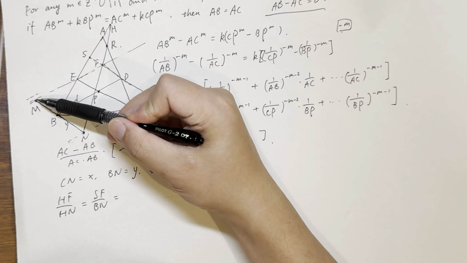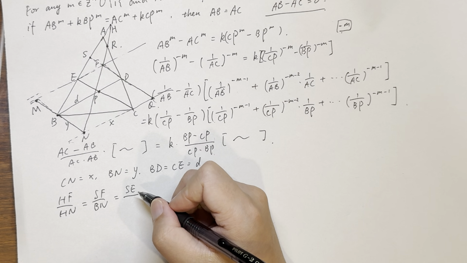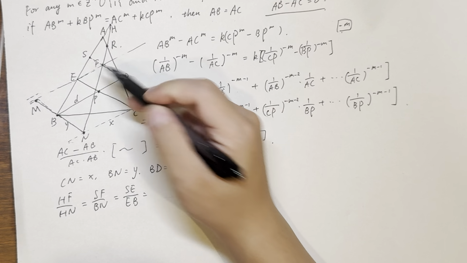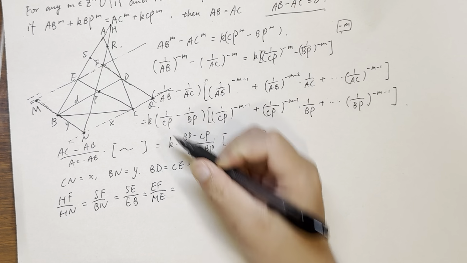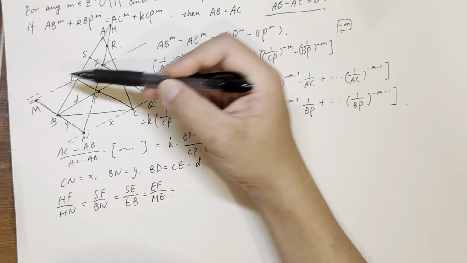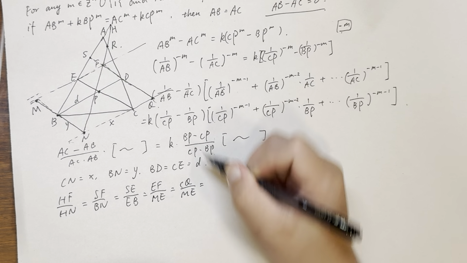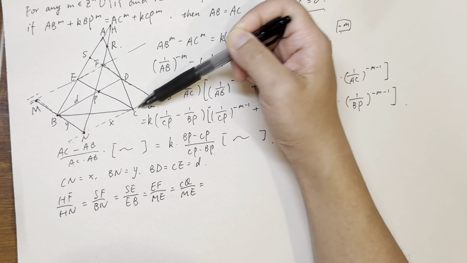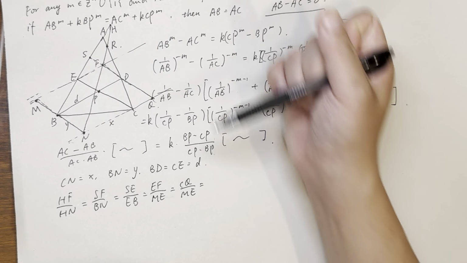So SF to MB equals SE to EB equals EF to ME. EF to ME equals CQ to ME. CQ, right, because EF equals CQ. So CQ to ME is actually CQ to CN, so CQ to X.